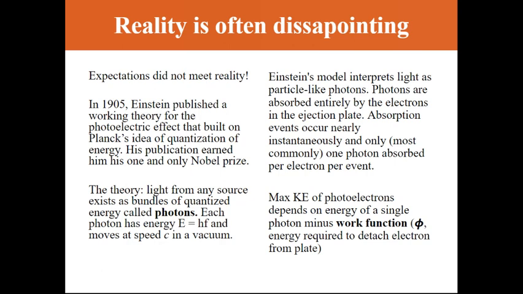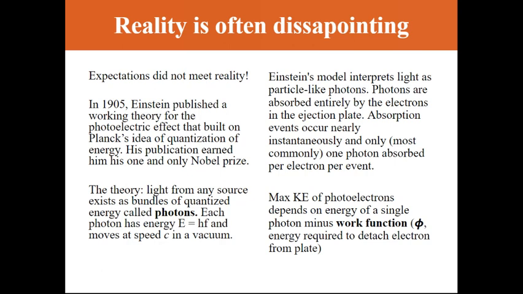And also, because they're absorbing one photon at a time and then ditching that energy or using it to escape, they need to get enough energy from a single photon to escape, which means that the energy they get from the photons has to be bigger than the work function, which is whatever energy they need to detach themselves from the plate.